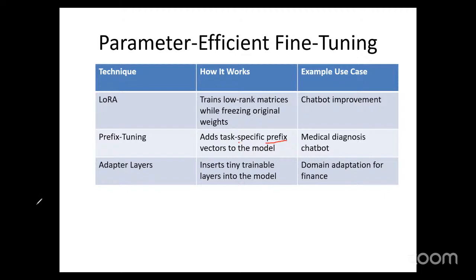before the actual input of the data, we will add a small prefix data, which will help your model understand the specific domain it needs to concentrate on. Maybe a medical diagnosis chatbot.